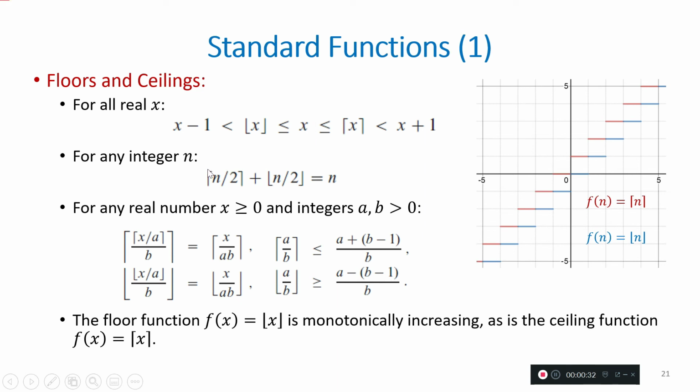We also know that the ceiling of n divided by 2 plus the floor of n divided by 2 will always be equal to n. This is a property that we use in our merge sort. Similarly, we have this property, which is very straightforward. And looking at this graph, we see that the functions floor and ceiling are actually monotonically increasing in both cases.